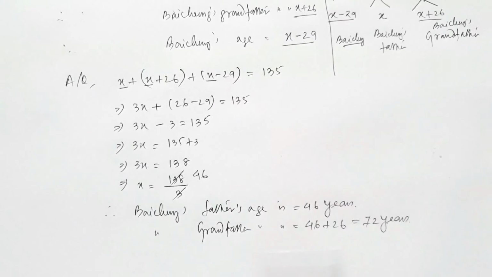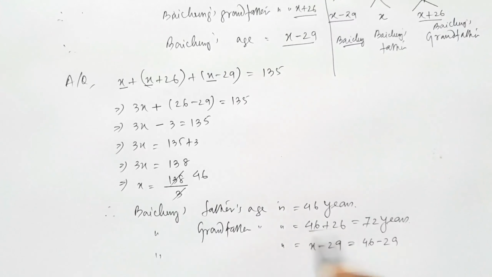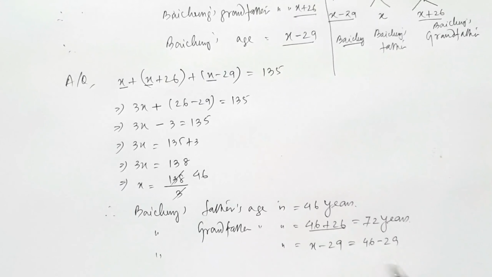And Baichung's age will be X minus 29, that is 46 minus 29, that is 17 years. So these are the ages of Baichung, his grandfather and his father.